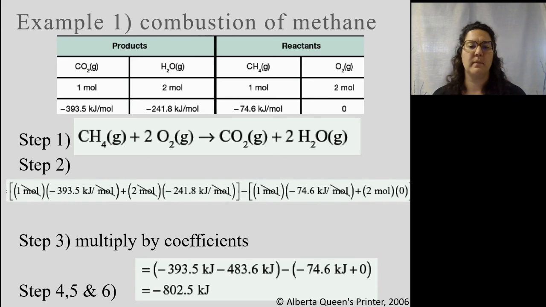Subtract 1 multiplied by negative 74.6 kilojoules per mole for methane, plus 2 moles times 0 for oxygen. We multiply by the coefficients and then subtract our reactants from our products, and we get negative 802.5 kilojoules of energy produced in the combustion of 1 mole of methane.